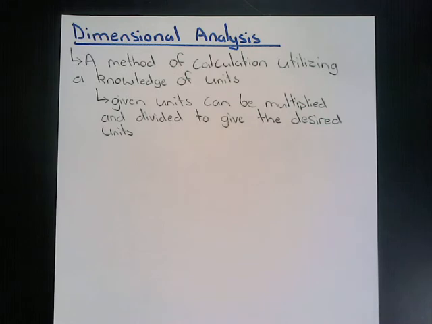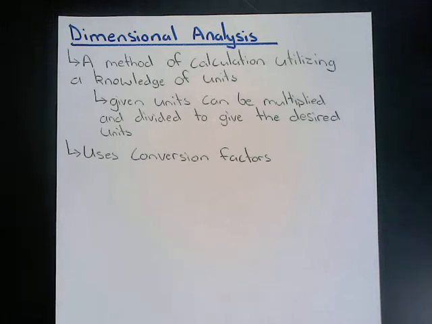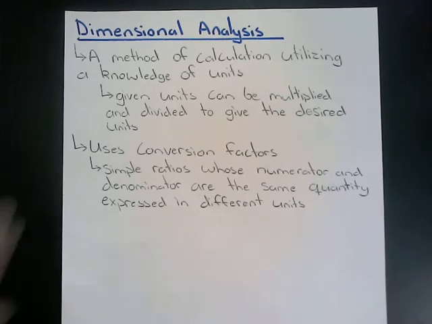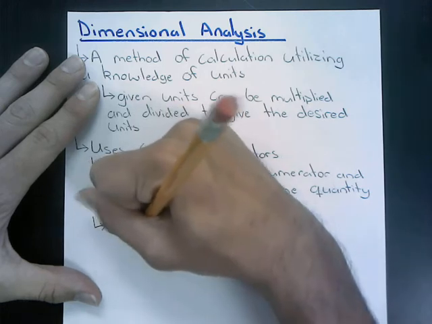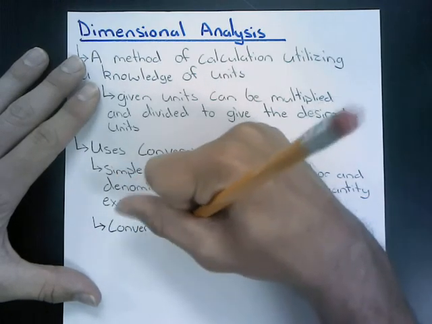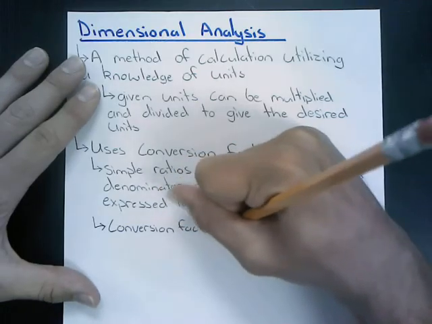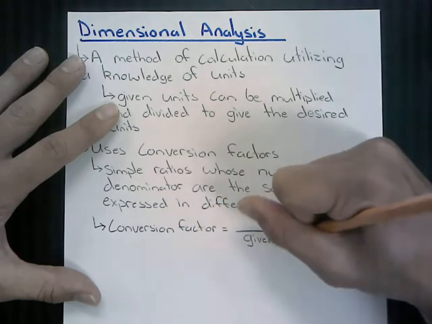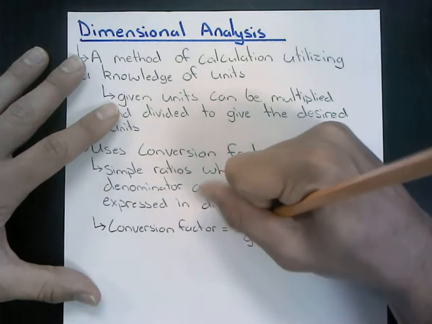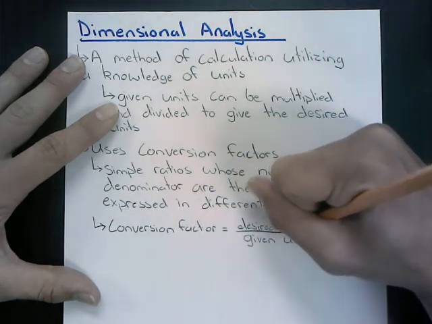Now, something key with dimensional analysis is that it's going to use conversion factors. And all conversion factors are simple ratios whose numerator and denominator are the same quantity expressed in different units. A key thing with a conversion factor is that we have the given unit on bottom, and on top we have the desired unit.